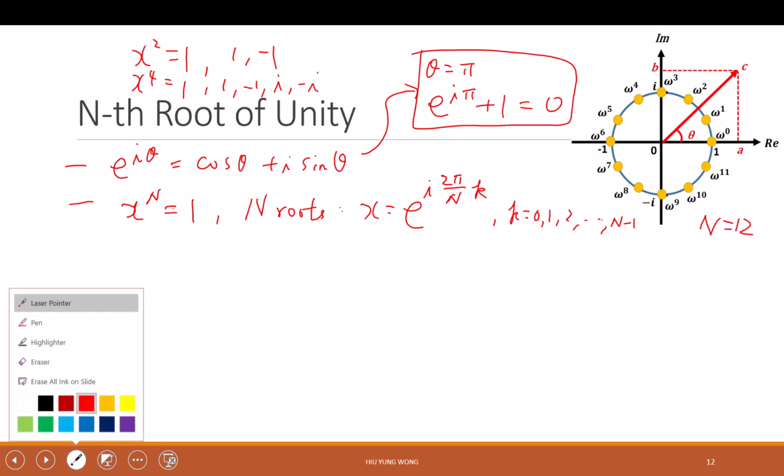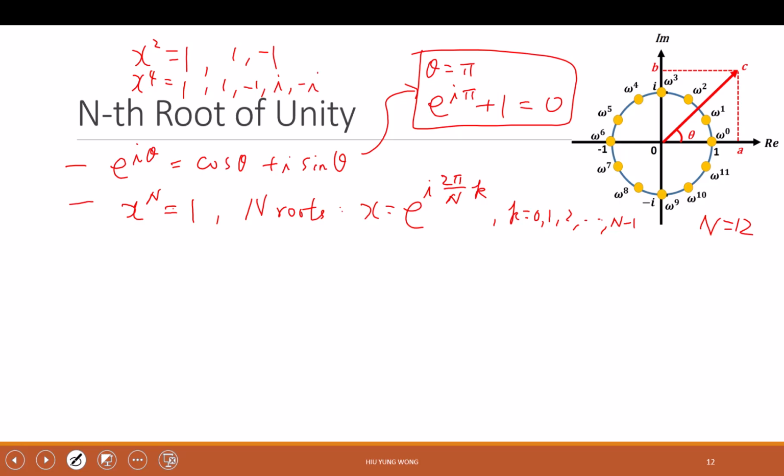And what is the meaning of omega here? This is very important. We set omega equals e to the power i 2 pi over n. It's easy to memorize, all you need to remember is 2 pi i, e to the power 2 pi i divided by capital N.